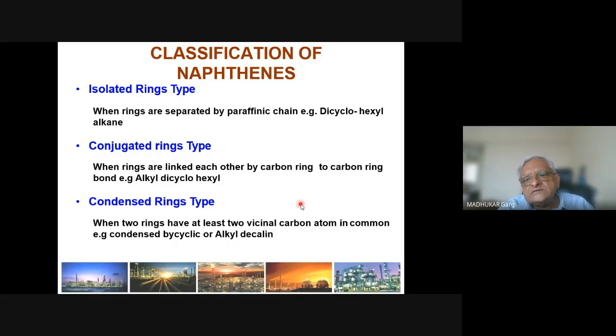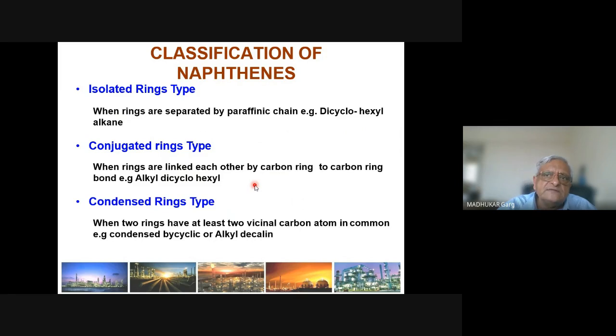If two rings are separated by an alkyl group, like a pendant, two naphthene groups with a long carbon chain in between, that is more paraffinic than naphthenic, but it is one kind of naphthene that you find in crude oil. The other is the conjugated ring, where the rings are linked with each other, like decalin, which is two rings together.